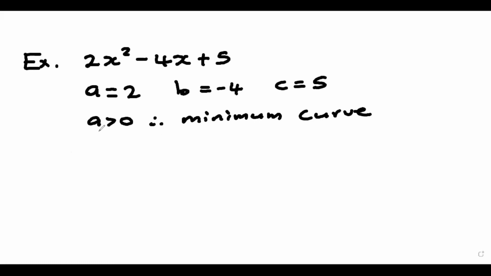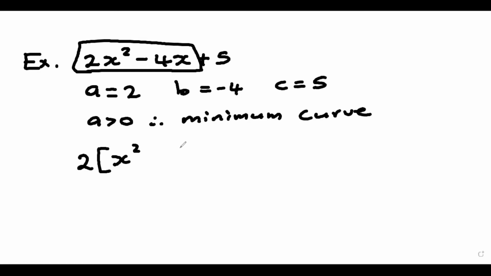So the first thing we want to do is get the coefficient of a to be 1. So that means we have to factor out 2 from the variables. So we separated the variables. So we have 2, and then in the bracket we have x squared minus 4x over 2 plus 5.